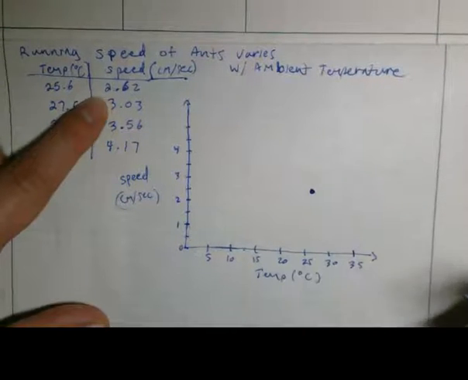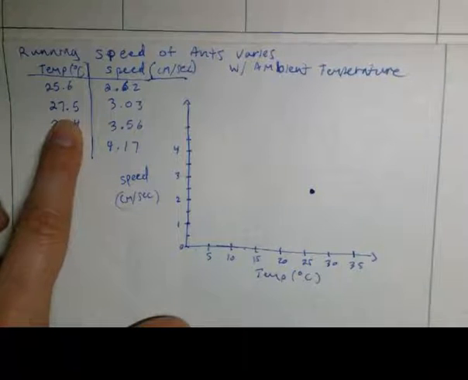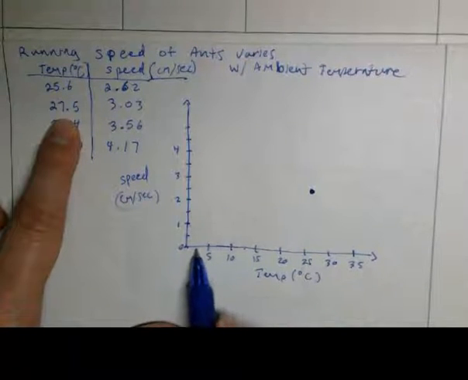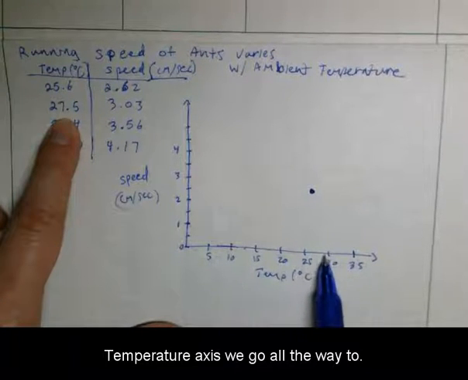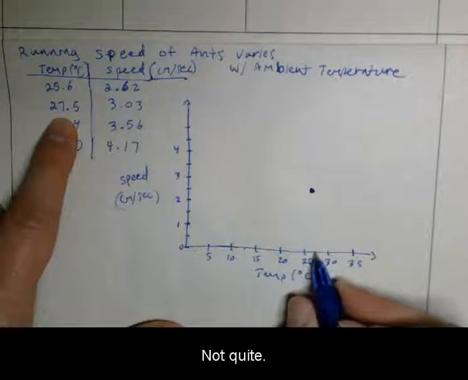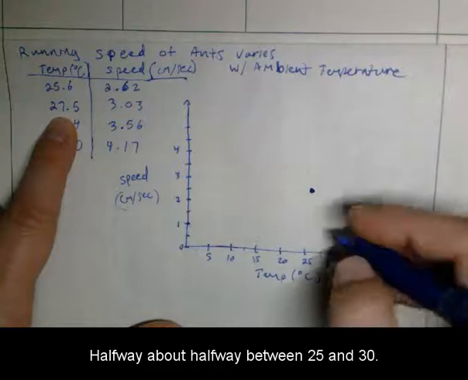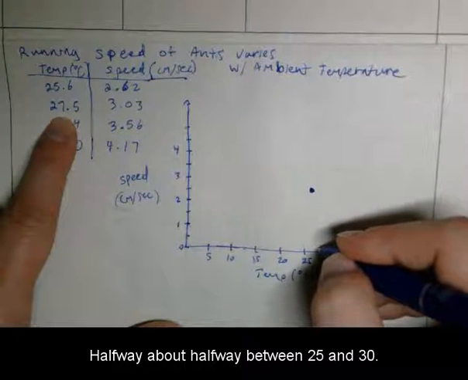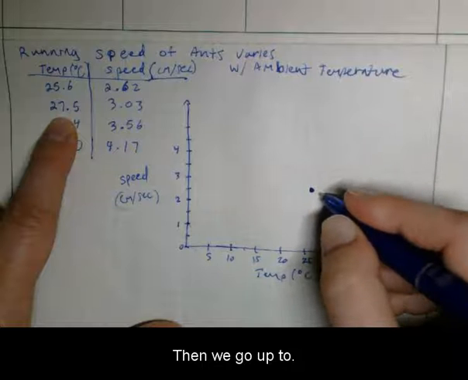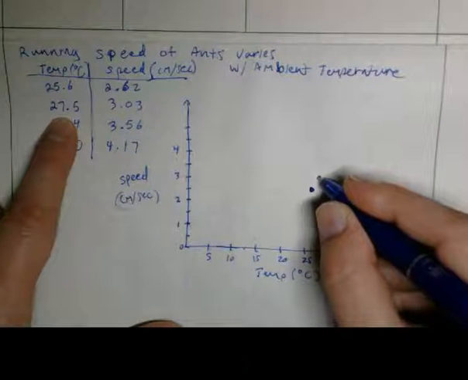And then we have 27.5. So on the temperature axis, we go all the way to 27. So it's not quite halfway, about halfway between 25 and 30. And then we go up to just above 3, the next point.